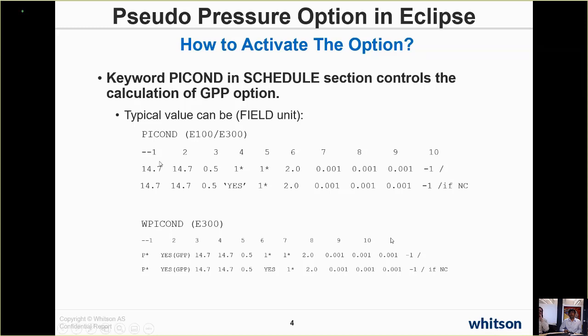So there are two ways. Either we can give pseudo press and PICOUNT in Eclipse 300, or we can give WPICOUNT, and then here we can say yes, we want the GPP option, and then we can give the parameters. If the first just says asterisk instead of P asterisk, then it will take all wells. So if we give PICOUNT, we don't need to give WPICOUNT, and if we give WPICOUNT, we don't need to give PICOUNT and pseudo press.